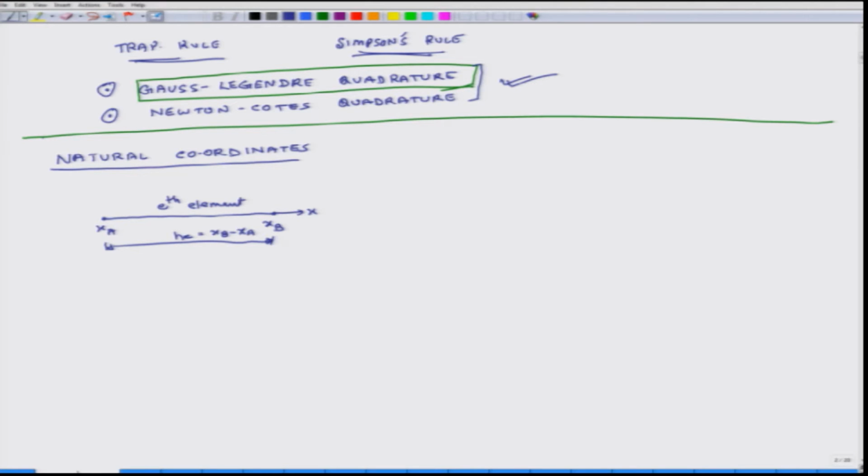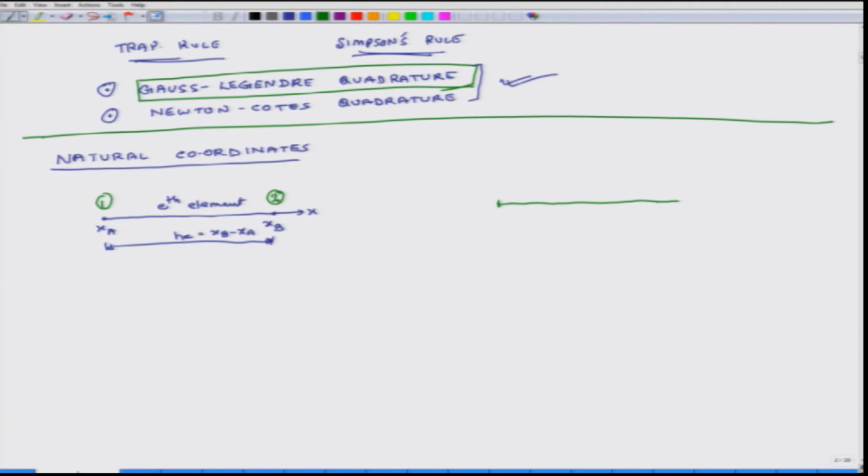Now, instead of using this element for numerical integration, I want to use a different element. Here, this is node 1 and this is node 2. Right now we will just talk about a 2 noded element, but we will extend this discussion to multi noded elements also.